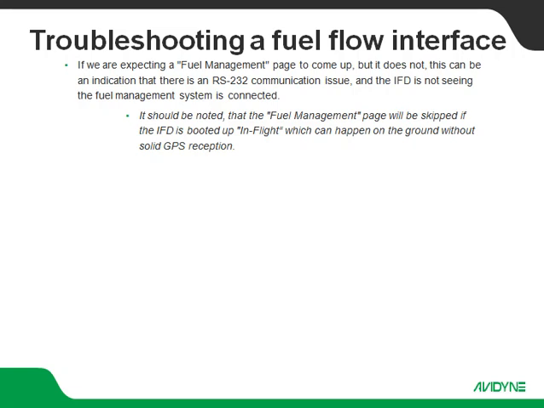And when you reboot an IFD in flight, it's going to skip a lot of that normal startup sequence as well as this fuel management page. So don't take that as a hard and fast rule. Just not seeing the fuel management page come up may be because you're sitting in the hangar and you're not locked onto GPS, and the IFD doesn't know for sure that it's on the ground.